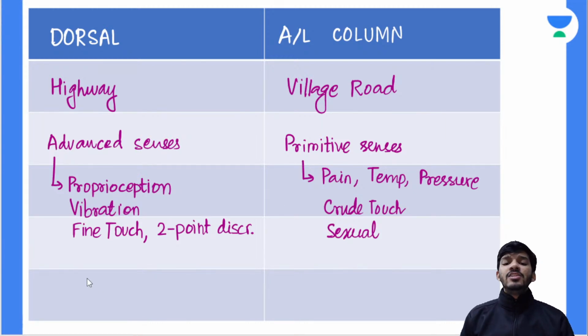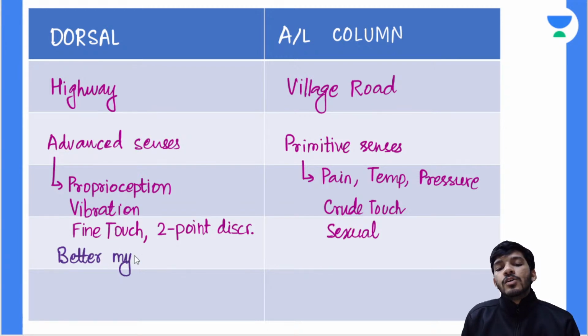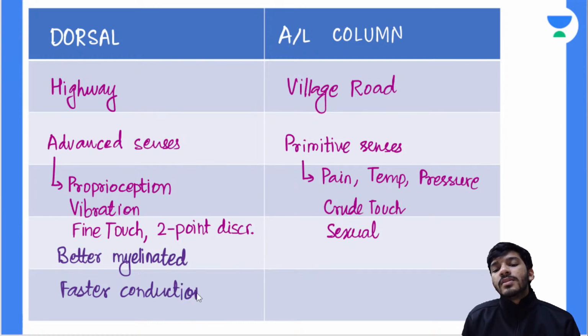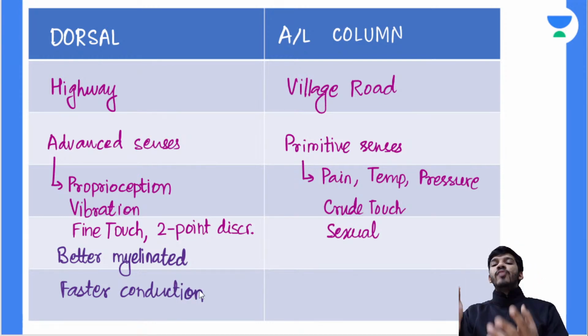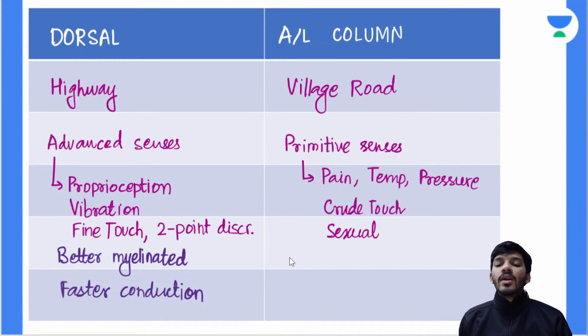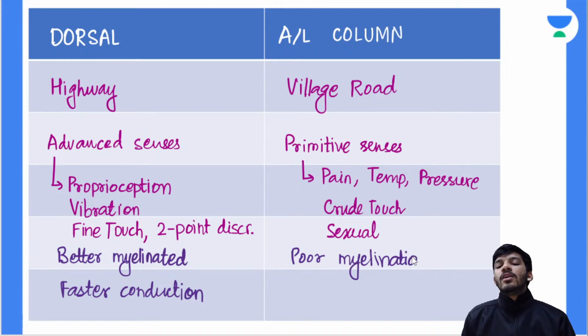Because it is a highway, these roads are much better, so they are better myelinated, so they have a faster speed of conduction. Okay, because they are highways, the cars will move faster on them. Village roads are in poor condition, they have poor myelination. And correspondingly they are also slower.